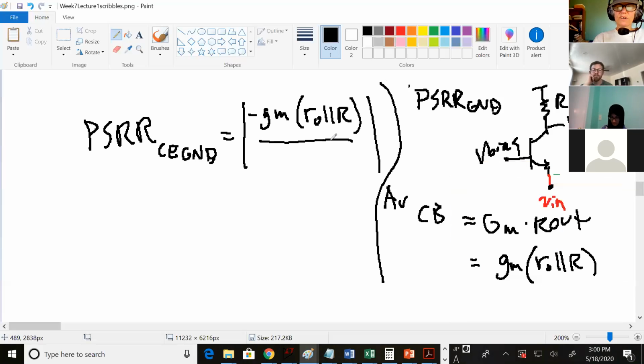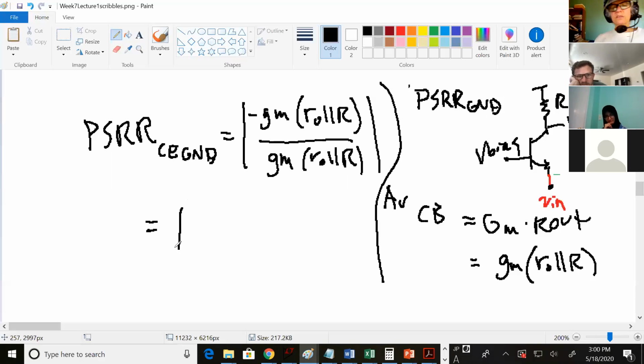And then we have the gain of a common base, which is gm (RO parallel R), which is the gain we don't want. So we want the gain from the input to the output to be much bigger than the gain from ground or supply. But what does that equal? Negative 1, with the absolute value around it, 1. And that's awful. That means any noise on ground gets amplified just as much as any signal on the input.